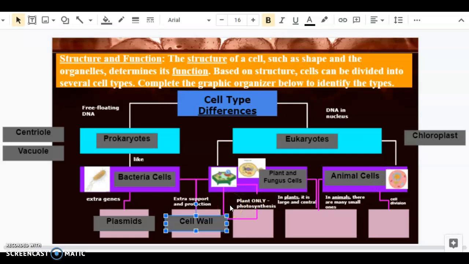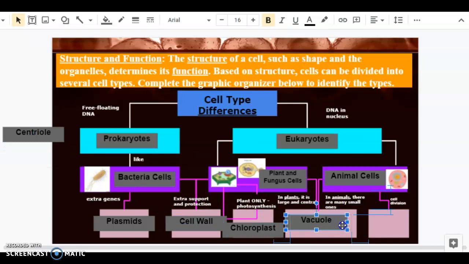You might ask, how can I tell the difference between a plant cell and a fungus cell? All you have to look for is the chloroplast, which is found only in plant cells and allows plant cells to photosynthesize.